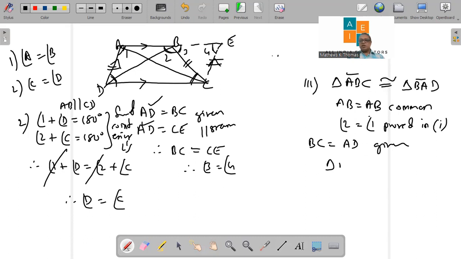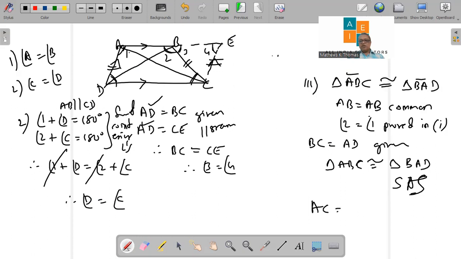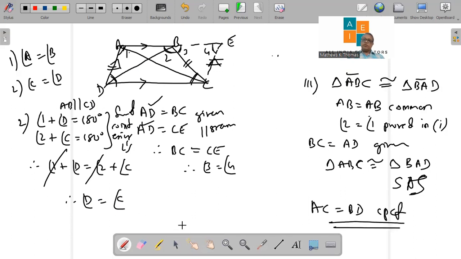So triangles are congruent by which condition? Side, angle, side, SAS. The triangles are congruent by SAS, and therefore the diagonal AC and BD will be equal by CPC.